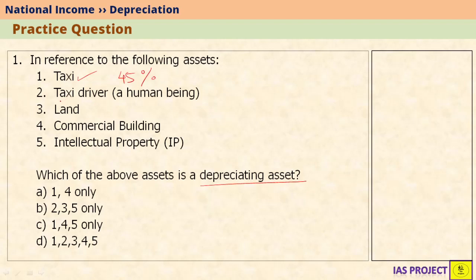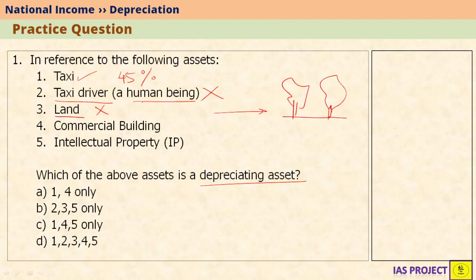The second option is taxi driver. Human beings are not depreciating assets. What about land? Land is also not a depreciating asset if we only consider land. However, if we consider land in terms of, let's say, you have agriculture land and there are mango trees, mango trees can be depreciating assets because their life is limited.